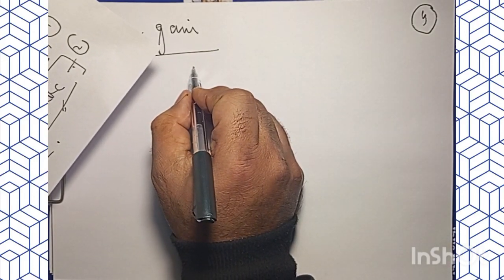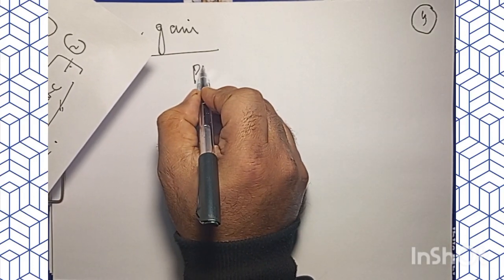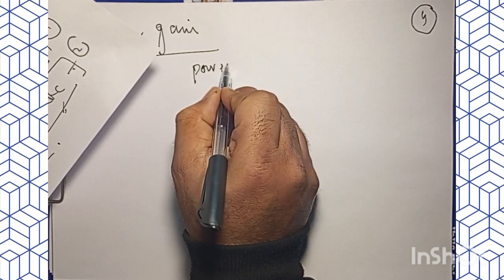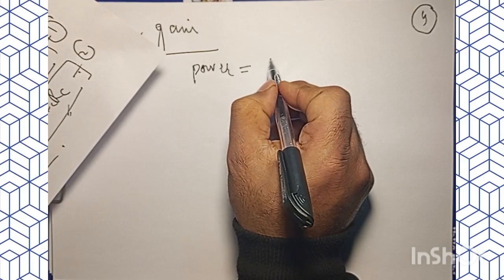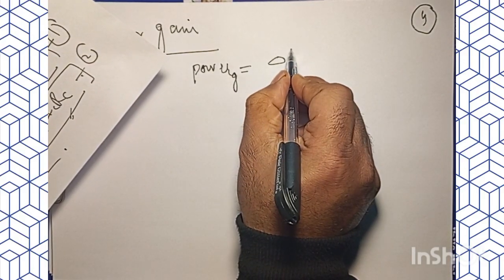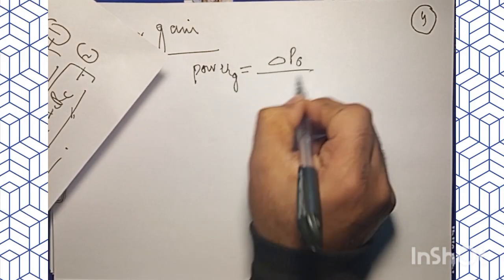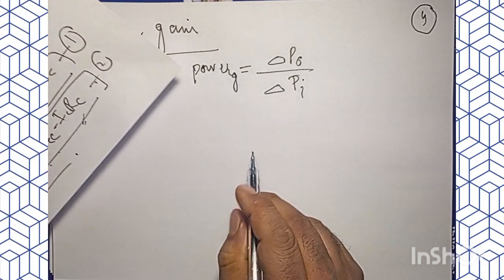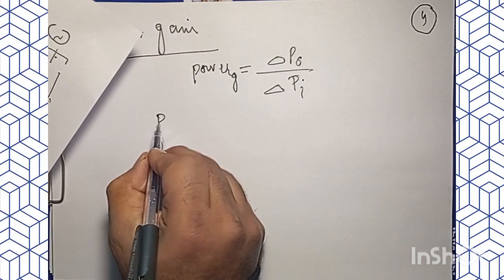If I represent power gain by say P, this power gain will be delta P out divided by delta Pi. So that should be the case. Now the point is, what will be my P out?